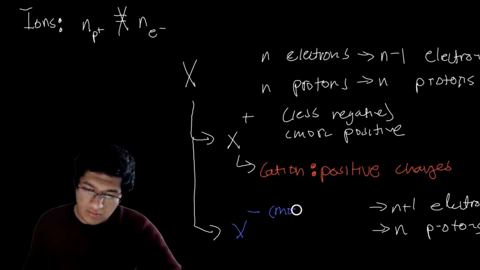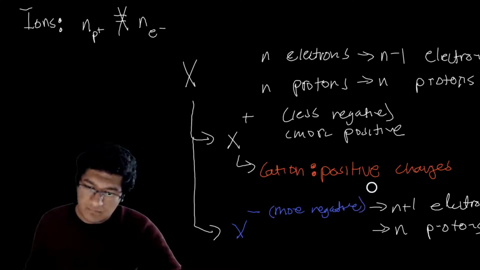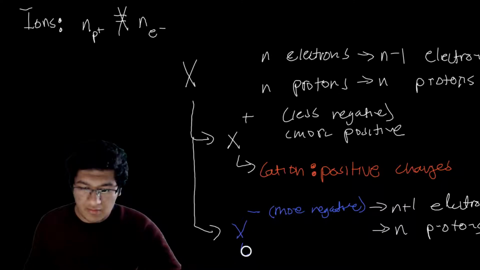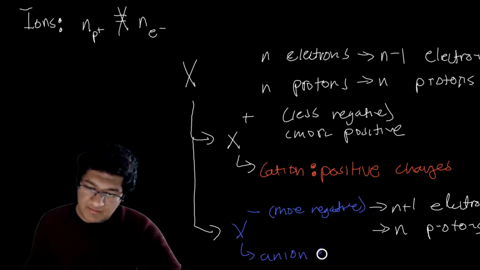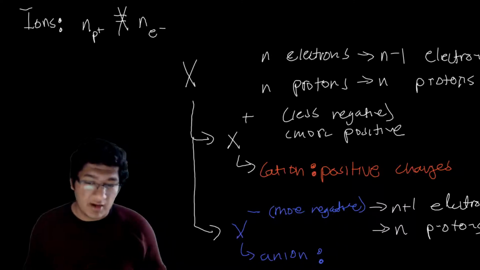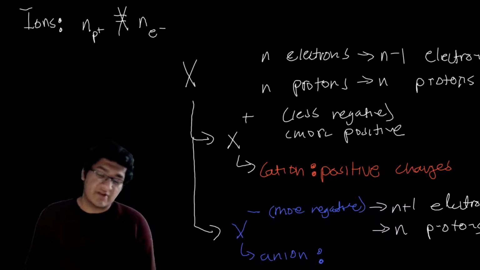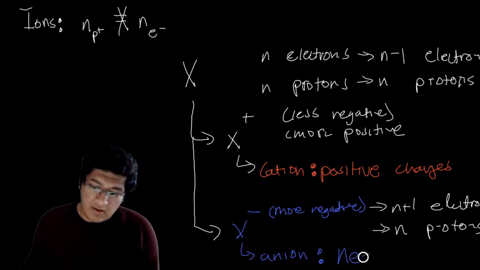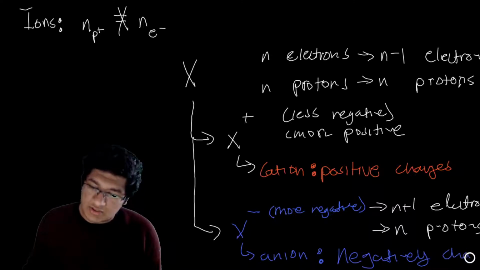So this is called an anion. A way I like to remember it is that anion is similar to onion, and if you're cutting onions, they make you cry, which is a negative thing. So anions are negatively charged.